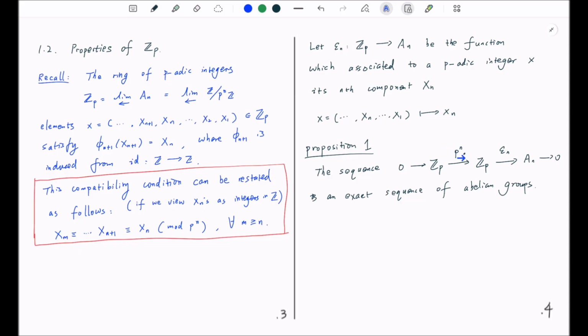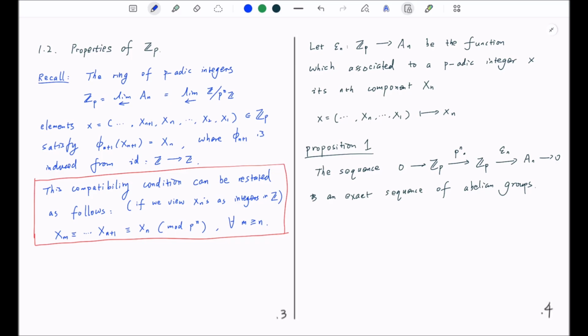And this p^n map is a multiplication of elements here by p^n component-wise. This multiplication by p^n is an abelian group homomorphism, but it is not a ring homomorphism. That is why we call this sequence just the exact sequence of abelian groups.